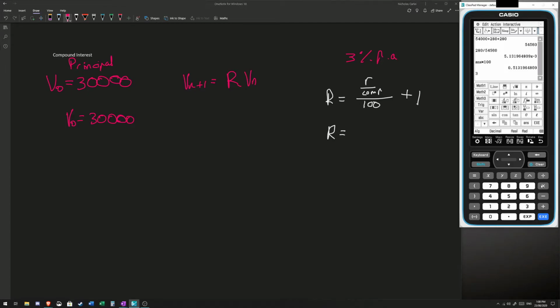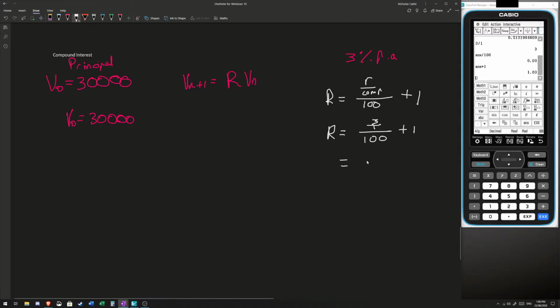We go 3 divided by 1, divided by 100, and then we add 1 to that. Make sure you do it in that order, because what we want is an answer that says 1.03. We want something above 1 because the interest rate's going up and our balance is going to go up. So our Vn+1 equals 1.03 Vn.